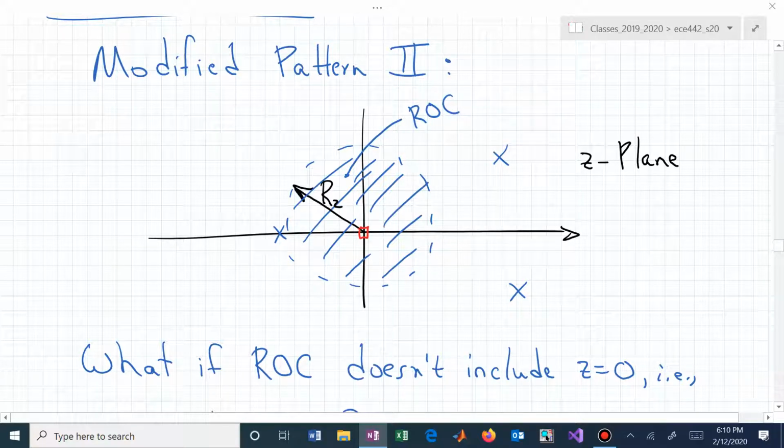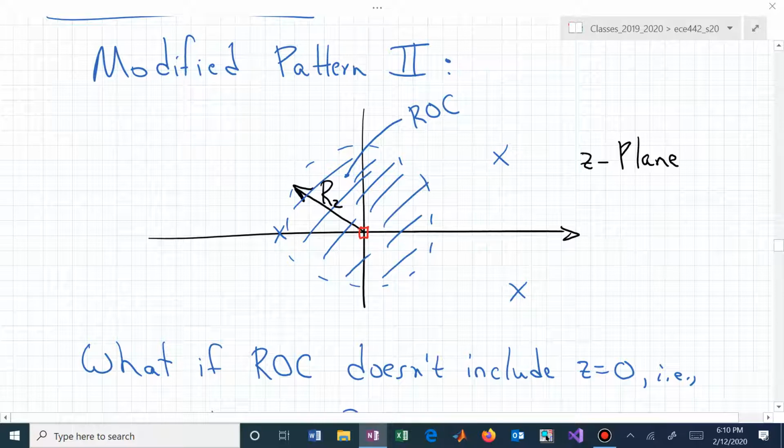We find the one closest to the origin, and we say that's the one bounding our disk. Then we modify it ever so slightly by just taking a pin and putting a hole at the origin and removing that value of z. But it's still a bounded disk with the origin removed. That's modified pattern 2. Did that answer your question?